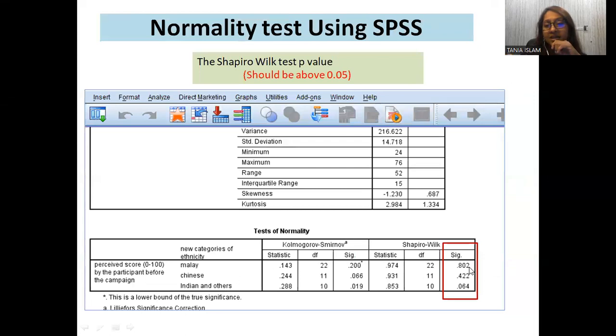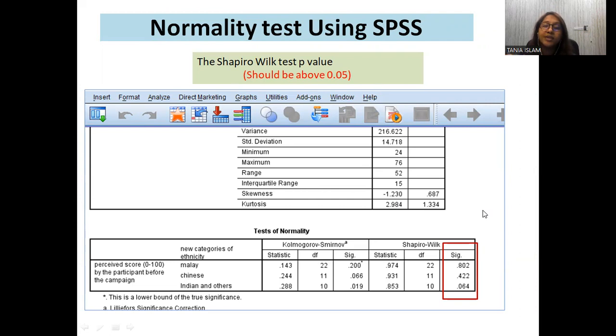You can see none of them are significant. All of their p-values, this significance means p-value, are more than 0.05. That means patient knowledge before the campaign was normally distributed for the different ethnic groups as well.